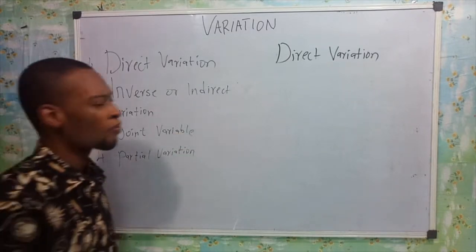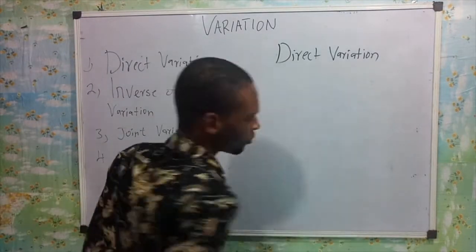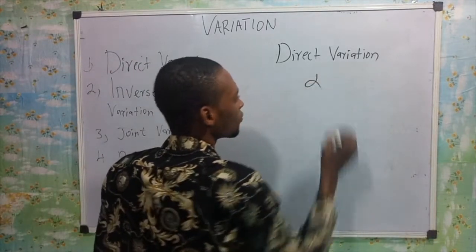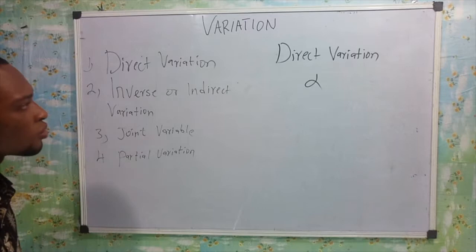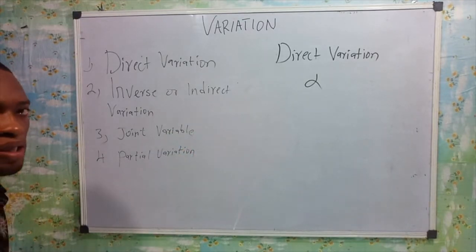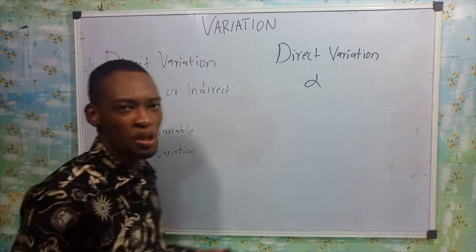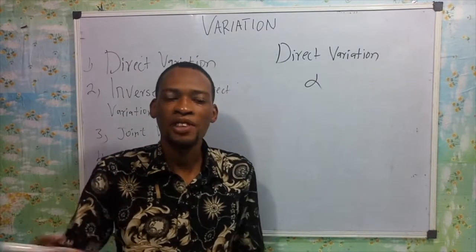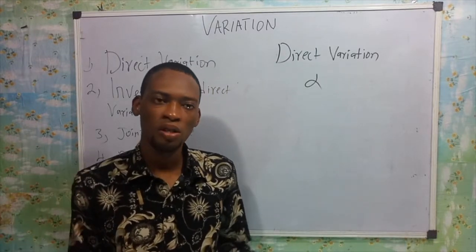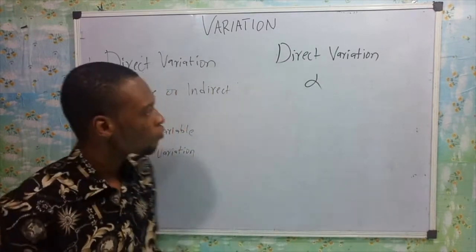So now, look at the formula for variation or proportionality. This is the symbol. So that symbol is proportionality sign or variation sign. Okay. So you can also refer to variation as proportionality. A varies directly as B, or A is directly proportional to B. So they can be used interchangeably.